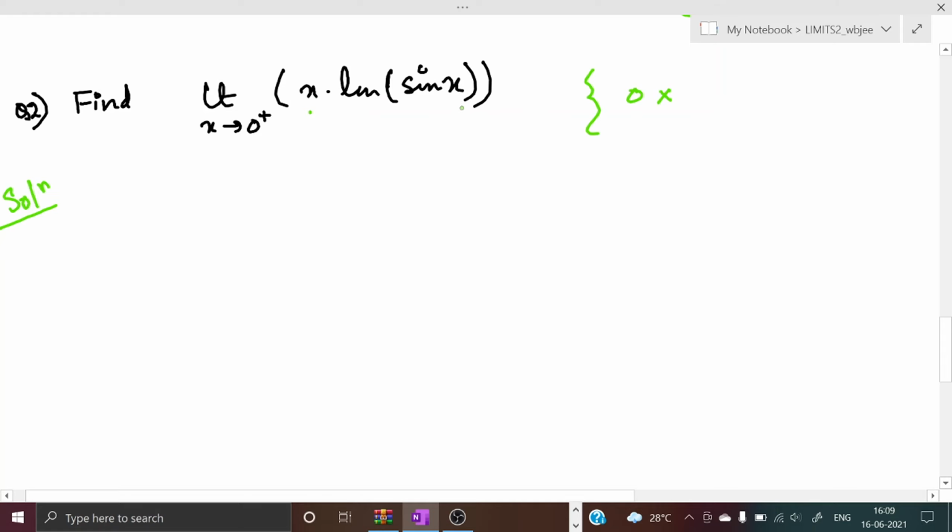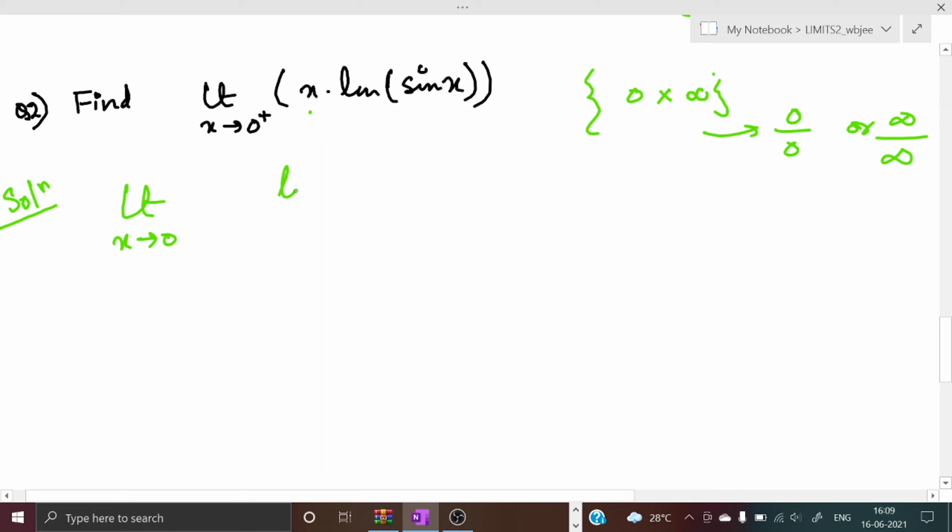As x tends to 0, ln x tends to infinity. So 0 into infinity. So now how will we do this? As I've said, you have to convert this to either 0 by 0 or infinity by infinity form so that you can apply L'Hopital's rule.